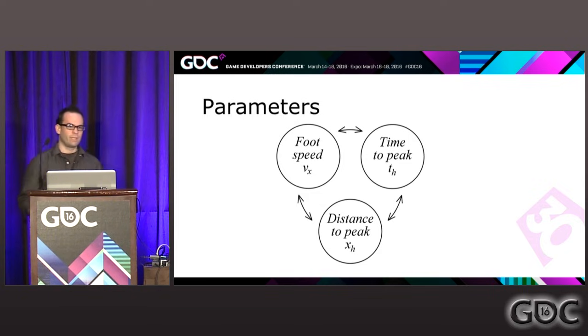So for my money, I think it makes the most sense to define the horizontal distance to the peak of the jump and define the foot speed, and allow the duration of the jump to be a function of those. Just because when we're talking about the duration of a jump, usually we're talking about fractions of a second, and that's not necessarily the most intuitive thing to speak about or the most intuitive thing to design up front.